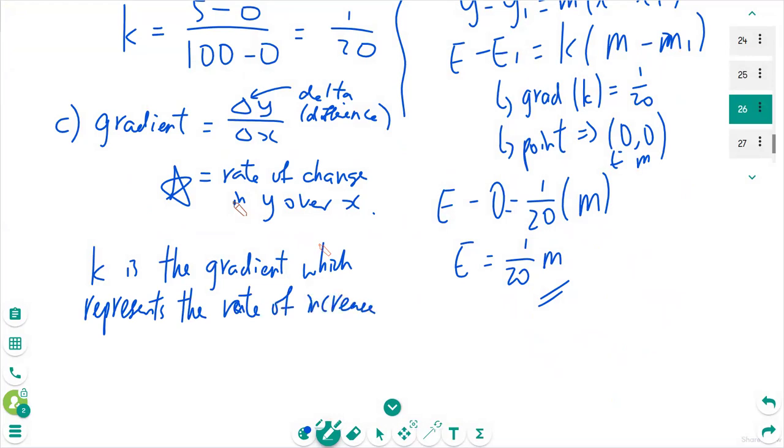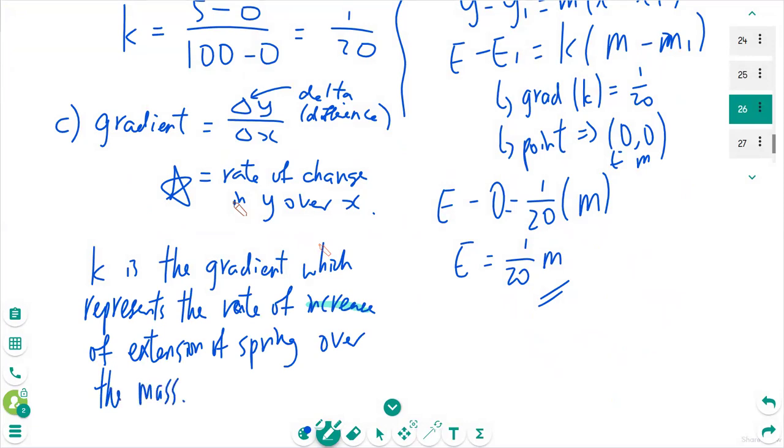So it's the rate of increase of y. What's y? Y is the extension of the string, over the mass x. So learn this sentence structure. It's the rate of increase of the extension, y over x.